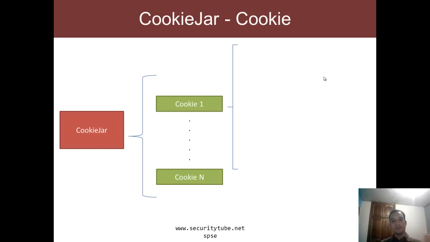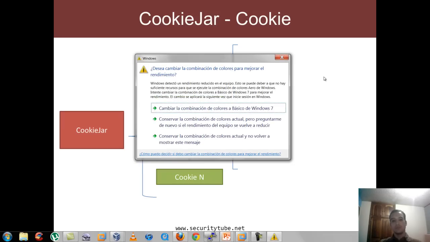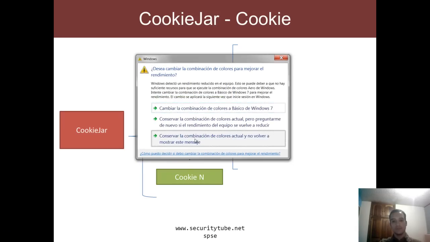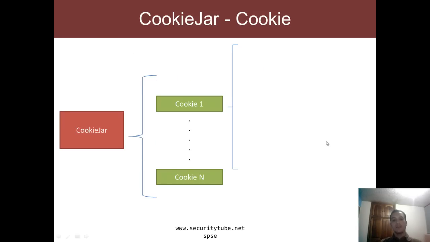As I said, the CookieJar contains a list with different cookies. These cookies are objects too. To create these cookies manually, we need to provide all these parameters.